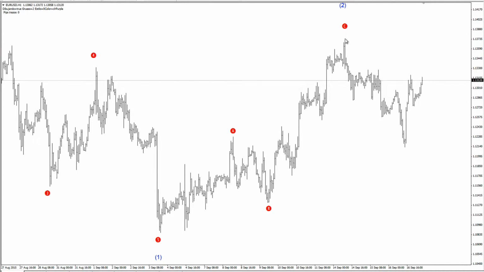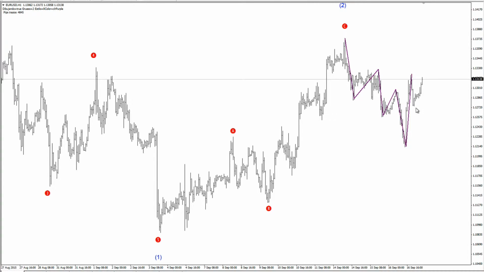If we draw this here, we can see that it is a 5 wave structure, but the waves are overlapping. So this can be a diagonal triangle as a first wave, a leading diagonal structure, and this would then be okay as an impulsive wave 1.